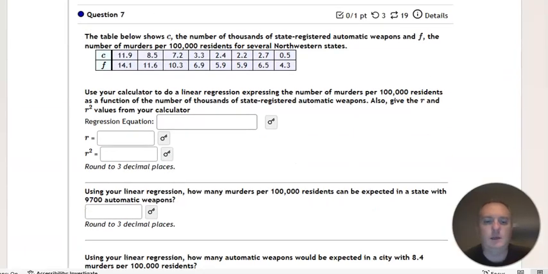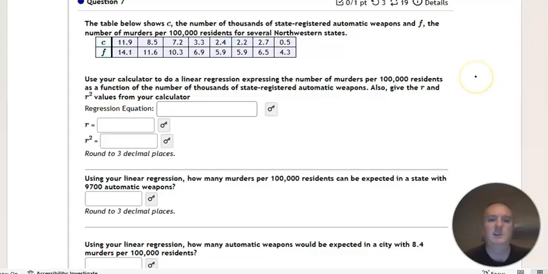Alright, let's try the next one. This one's a little tricky with the setup, so I definitely wanted to do one of these examples. The table below shows C, the number of thousands of state-registered automatic weapons, and F, the number of murders per 100,000 residents for several northwestern states.